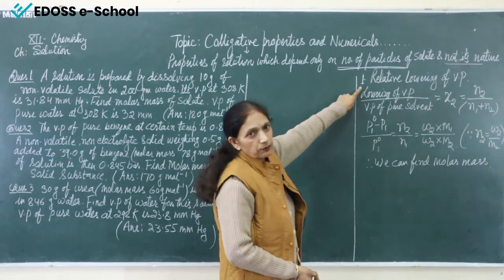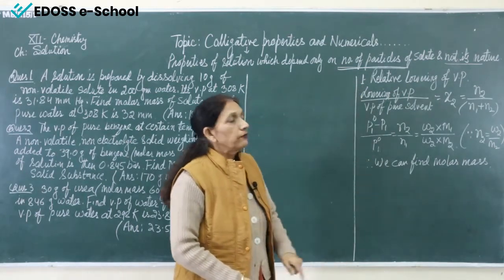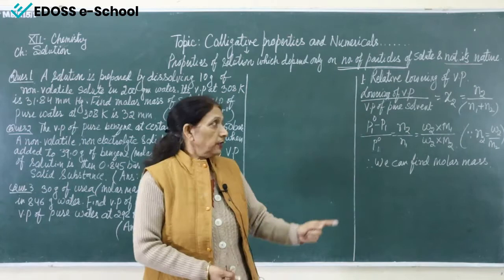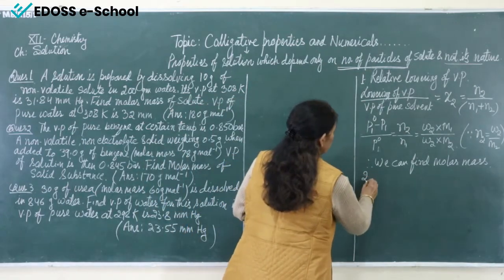The first colligative property is relative lowering of vapor pressure. There are four types of properties. Let me make it clear.